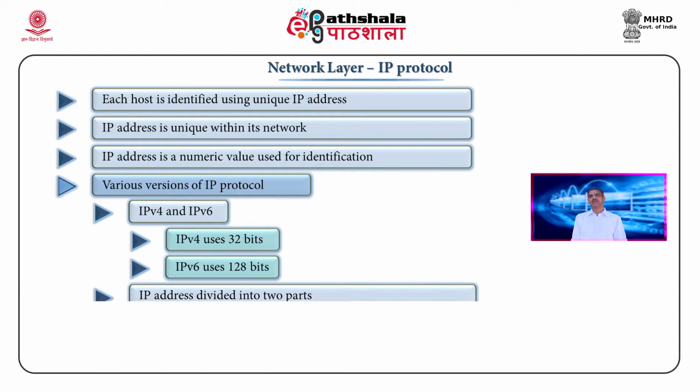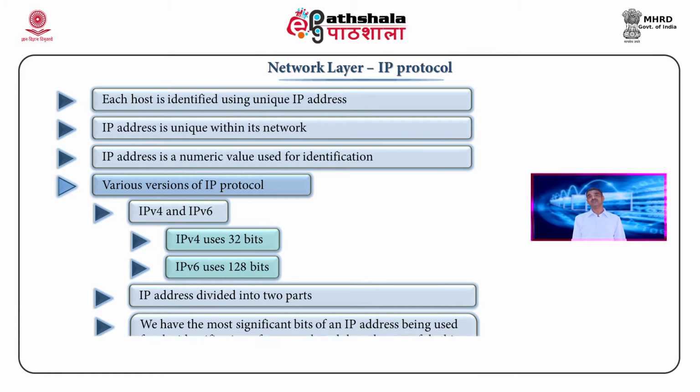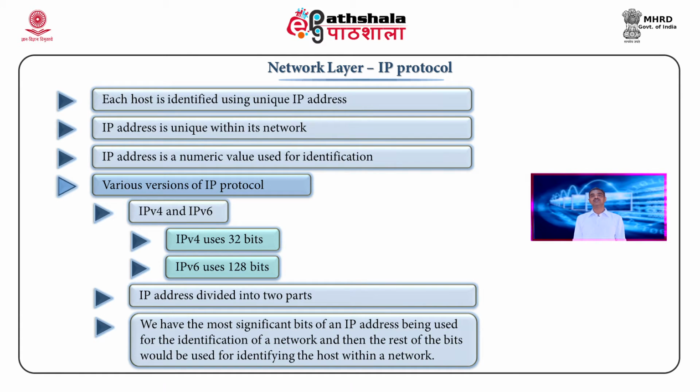Now, in case of MAC, we had division of MAC into two parts: one to identify the manufacturer, and then a serial number assigned by the manufacturer. Similarly, in case of an IP address also, the address is divided into two parts. The most significant bits of our IP address are used for identification of a network, and then the rest of the bits are used for identifying a host within the network.